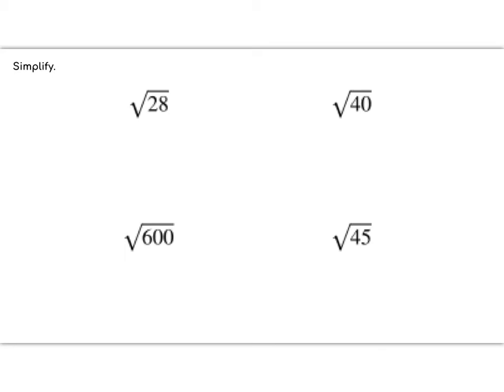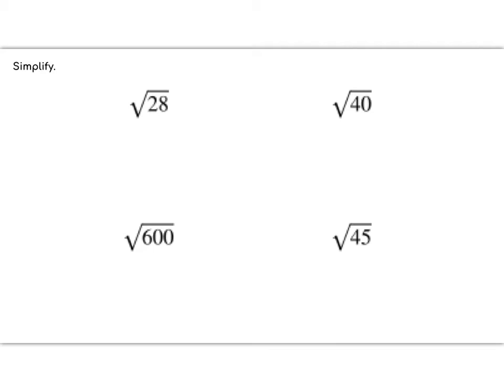Let's do a couple more together. So the square root of 28. Look at your list of perfect squares. What perfect square divides 28? 4 divides 28. 4 times 7 is 28.